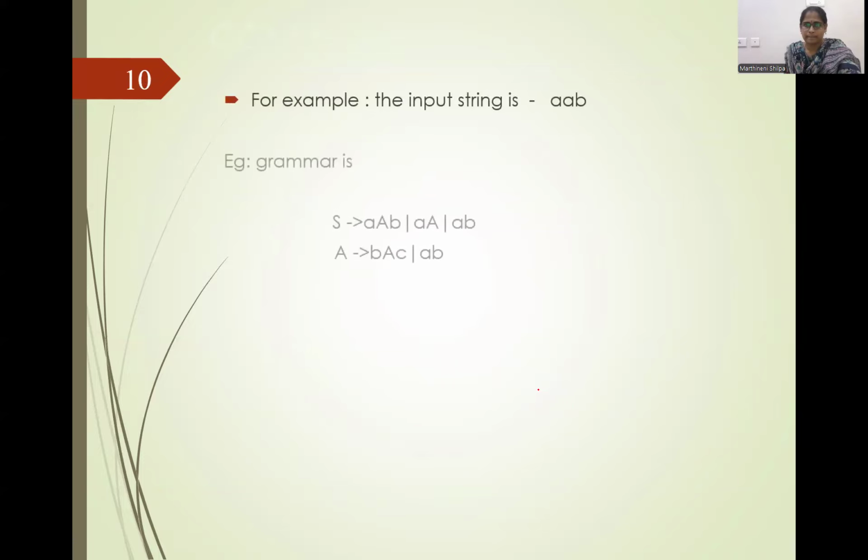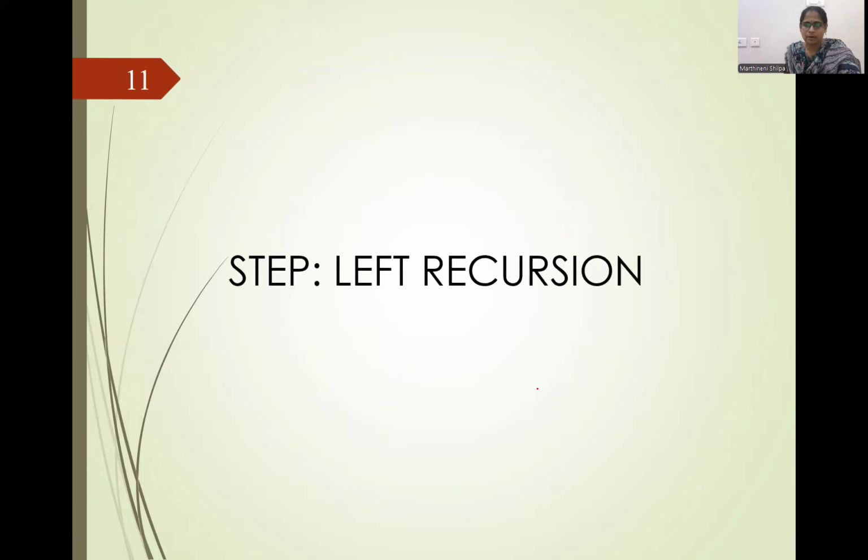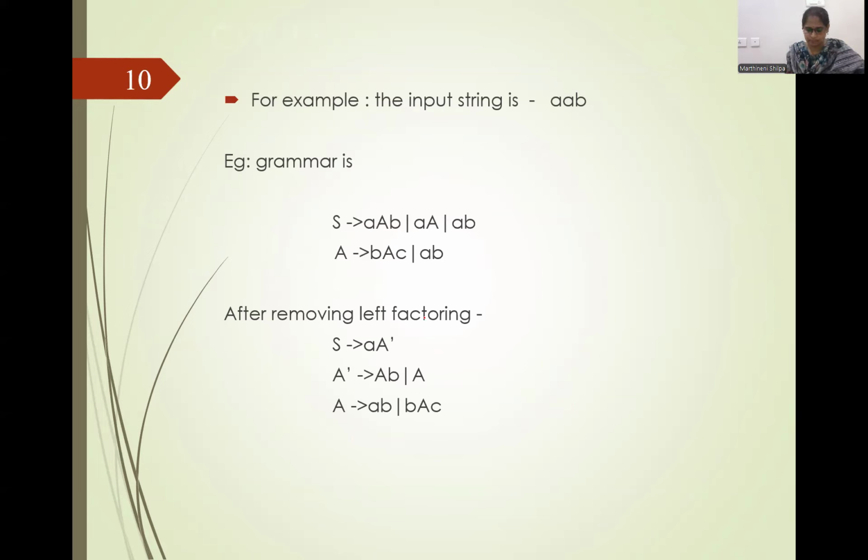Next, an example to remove left factoring is here in this grammar. S is deriving aAB, aA, and aB. In this, all the productions are producing the same input terminal, that is a.